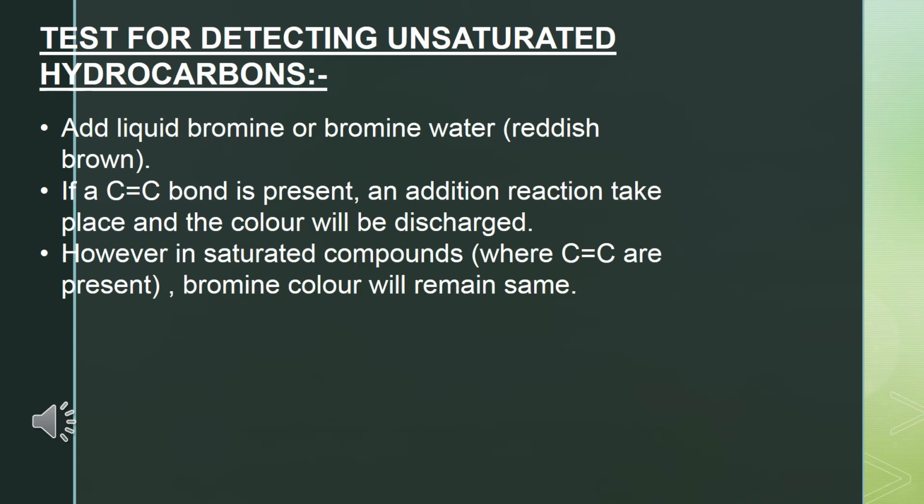If the brown color of the bromine water disappears after addition to the hydrocarbon liquid, it means there is a carbon-carbon double bond. Whereas if we talk about a saturated compound and the color does not disappear, it means there is a carbon-carbon single bond.